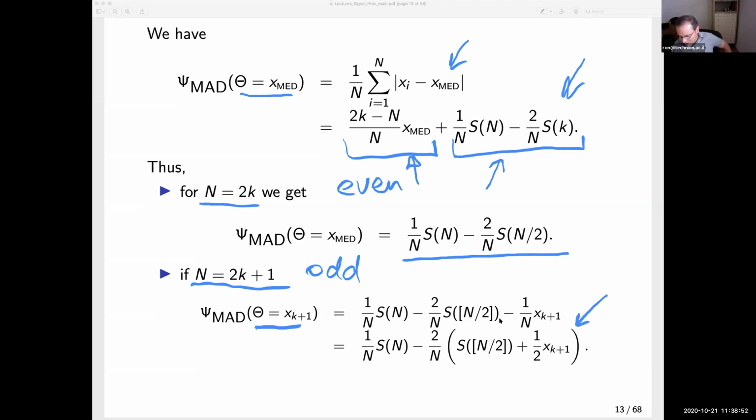But again, let's zoom in on the even case and see that this is more or less similar in nature to what I received in the previous case, the MSE case, where we subtracted the square of sums from the sum of squares.